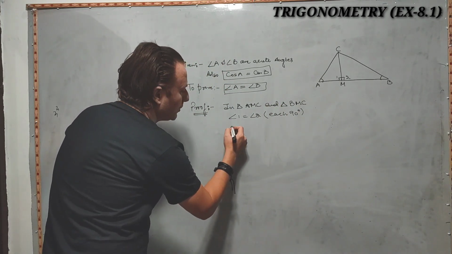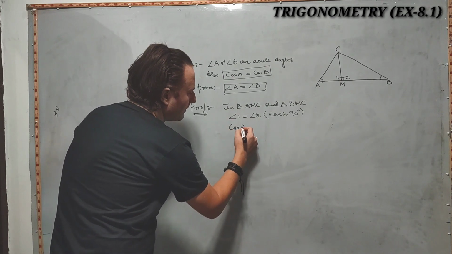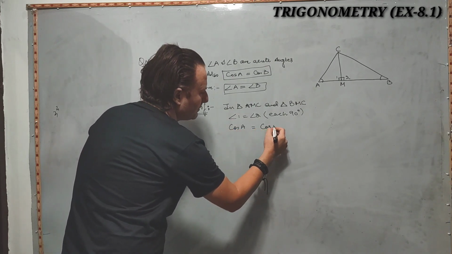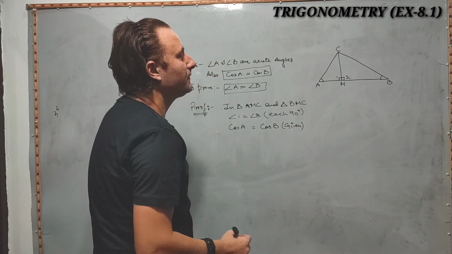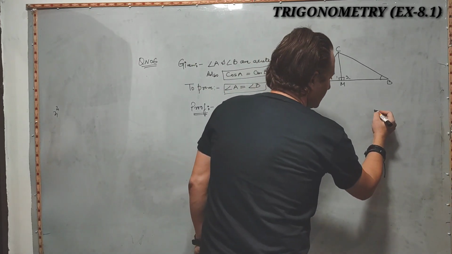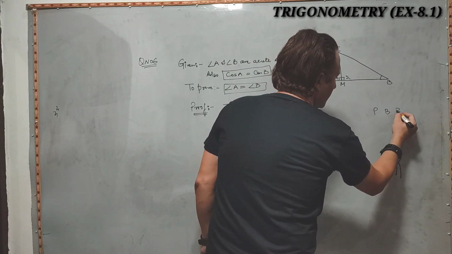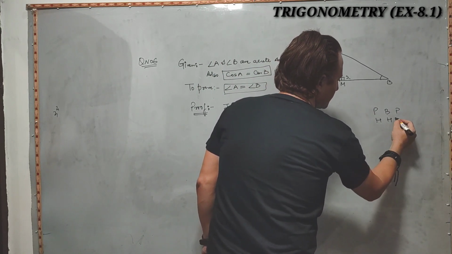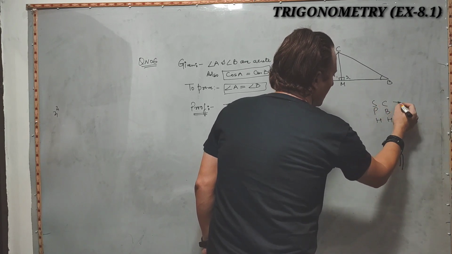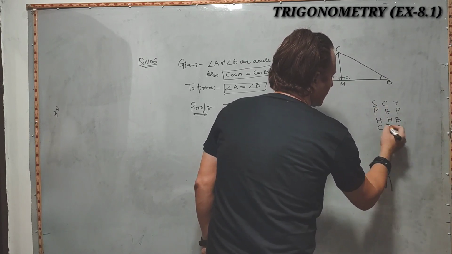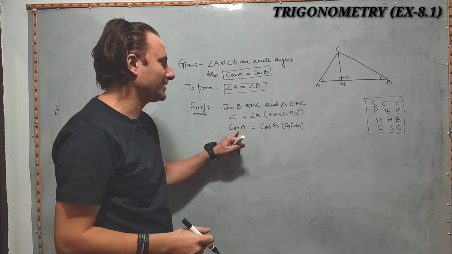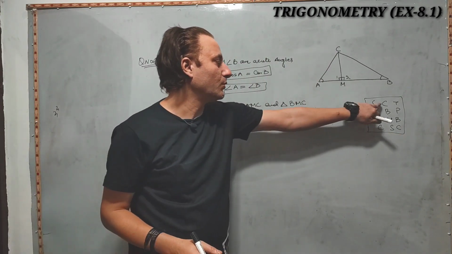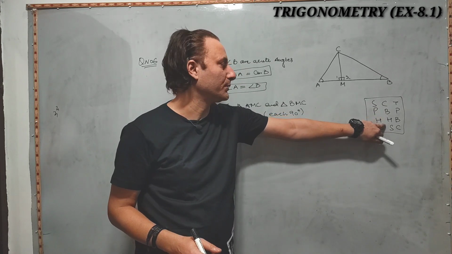Now what else does it say? It says cos A is equal to cos B. This is given. Now if we remember the previous thing, P, B, P, H, H, B, sine, cos, tan, cosec, sec and cot. So what are we talking about? We are talking about cos A and cos B. So cos is base upon hypotenuse.